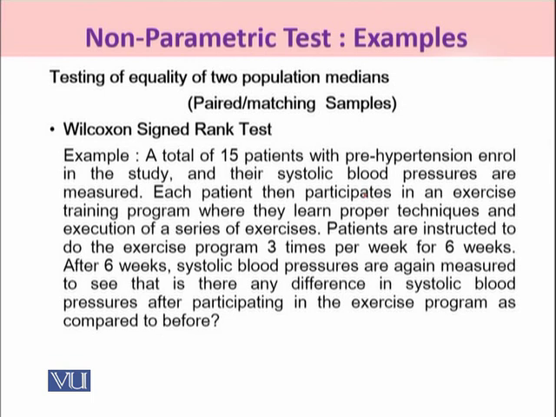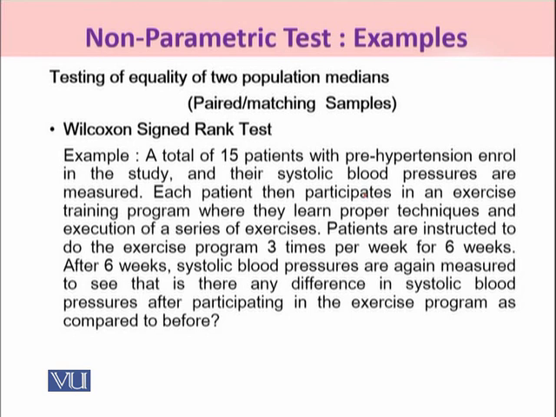The next example is about the paired samples. So let me read that example for you. A total of 15 patients with pre-hypertension enroll in the study, and their systolic blood pressures are to be measured. Each patient then participates in an exercise training program where they learn proper techniques and execution of a series of exercises.